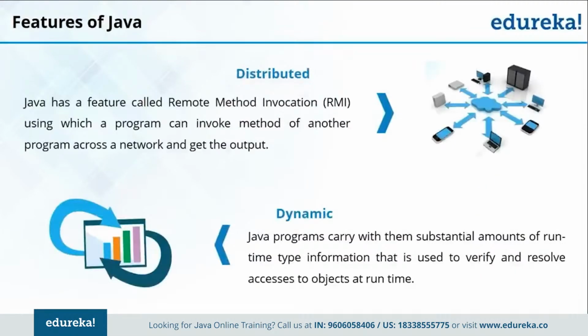Okay, so when we talk about the distributed feature of Java, this basically refers to remote method invocation. Now you don't have to worry too much about this. We'll be talking about this in our upcoming sessions, but I'll just give you an overview here. You're going to be writing a lot of programs, but they're going to be linked to each other, and not everything may be present on the same system that you're executing your program on.